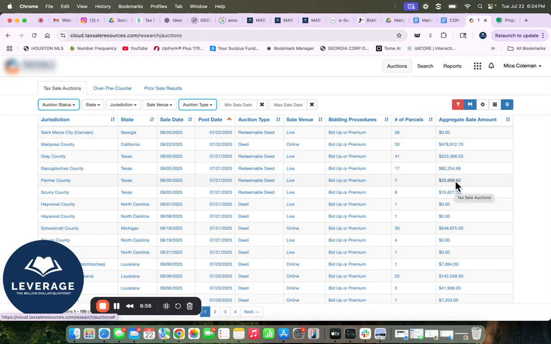And also, because it's Texas, for you guys that aren't aware, Texas is a redeemable deed state. So 9 times out of 10, you're waiting either 6 months to 2 years for them to redeem it, depending on if they're a homestead or not. And another reason why I don't do Texas is because they have a 10% cap on collecting.